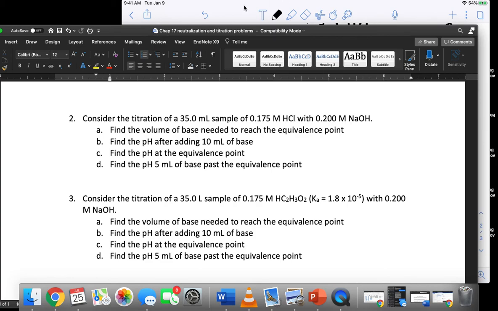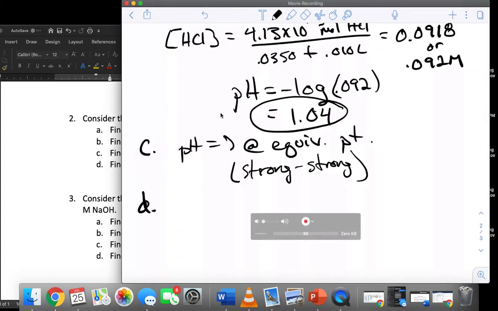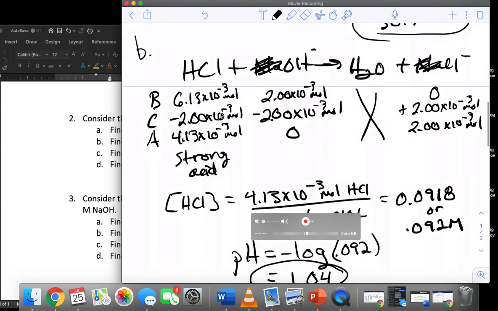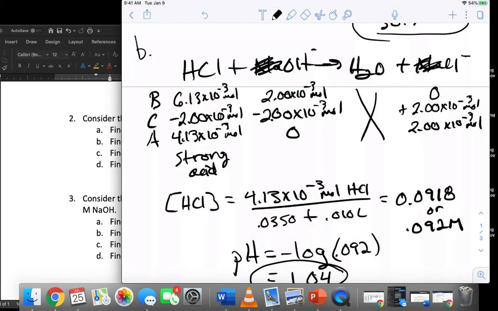If I go back to my BCA table for a second, past the equivalence point I have excess sodium hydroxide left over, and this other product is just a neutral product. It doesn't matter to pH. So the only thing that matters is this strong base. However many moles of my NaOH I have in excess is what I need to find my concentration of hydroxide and then my eventual pH.